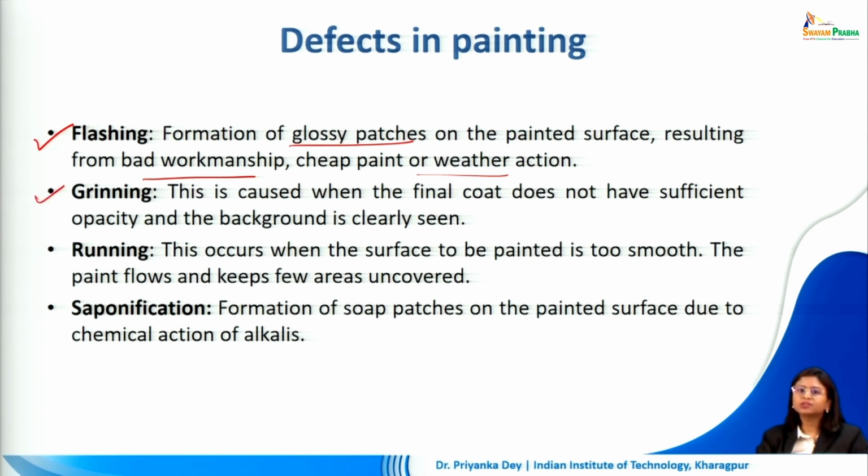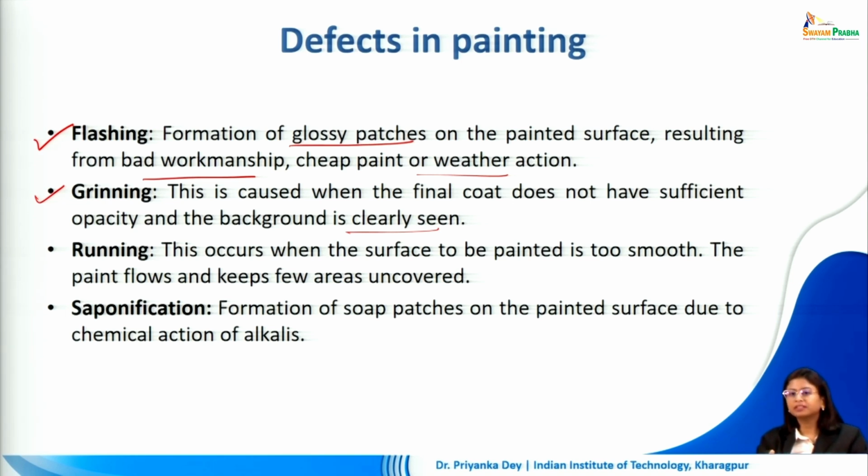Grinning is caused when the final coat does not have sufficient opacity and the background is clearly seen. So, let's say we had predicted that a certain number of coats of paints, certain opacity of the constituents of paint is going to ensure that I will have an opaque, attractive final finish. But at the end of the entire process, we see that no, we can still see parts of the background clearly.